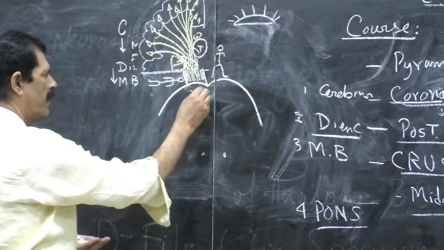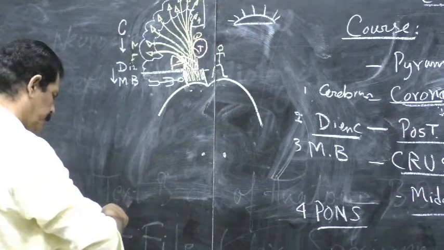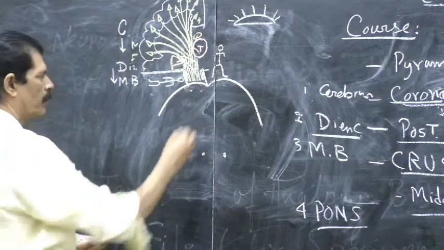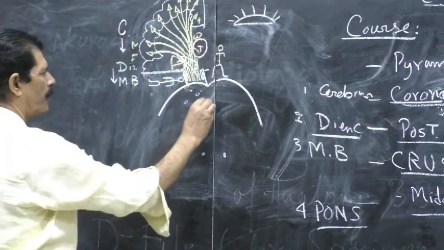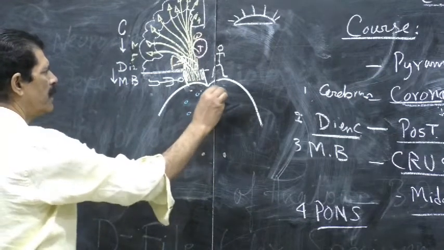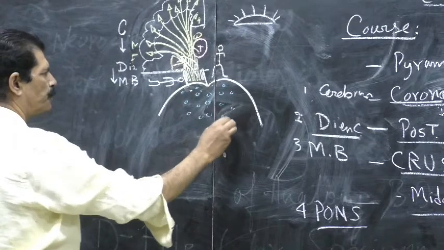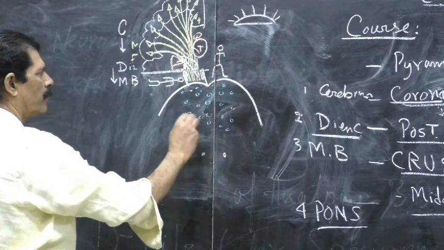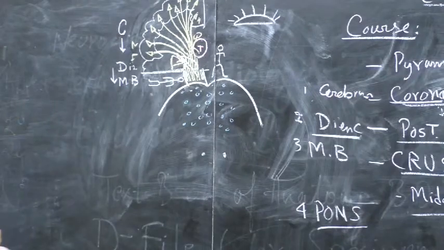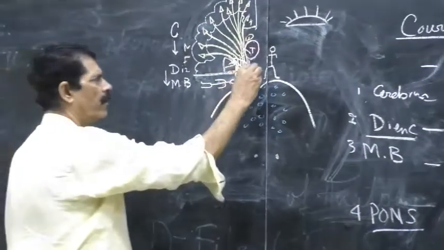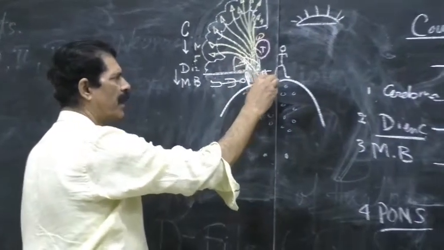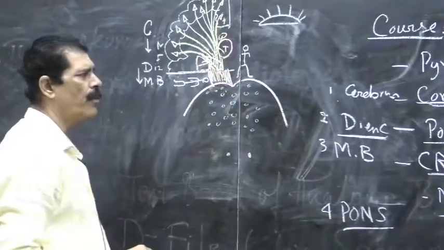In the pons there are pontine nuclei deep to the surface of the pons. Plus the medial one-fifth of the crus cerebri contains frontopontine fibers.